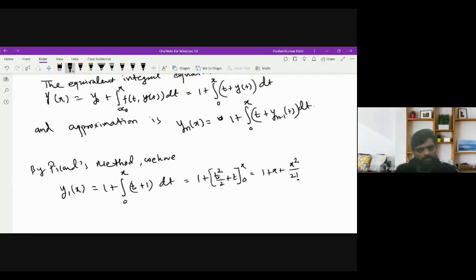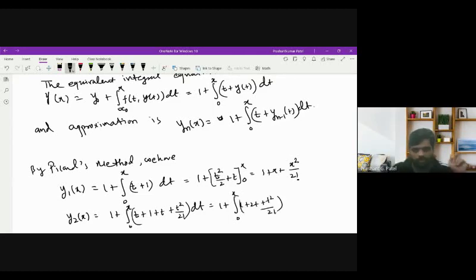And y2 of x will be 1 + ∫ from 0 to x of (t + 1 + t + t square by 2 factorial) dt, which equals 1 + ∫ from 0 to x of (1 + 2t + t square by 2 factorial) dt.